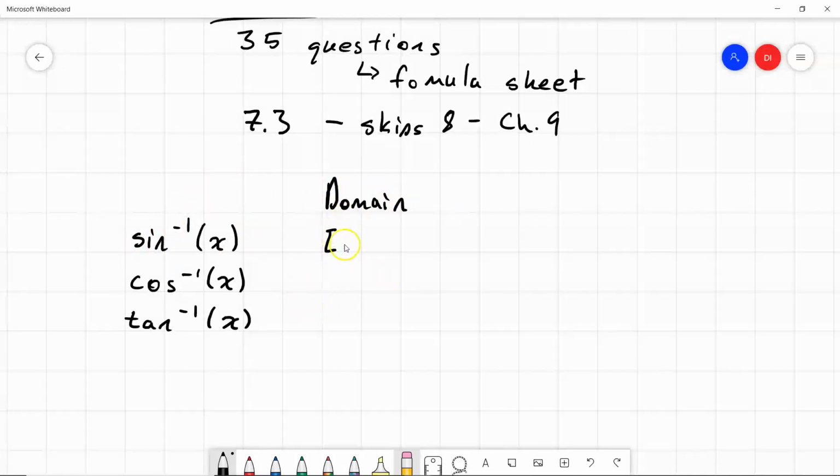Those domains were -1 to 1 for inverse sine, same for inverse cosine. But tangent was -infinity to infinity because its vertical asymptotes became horizontal asymptotes.